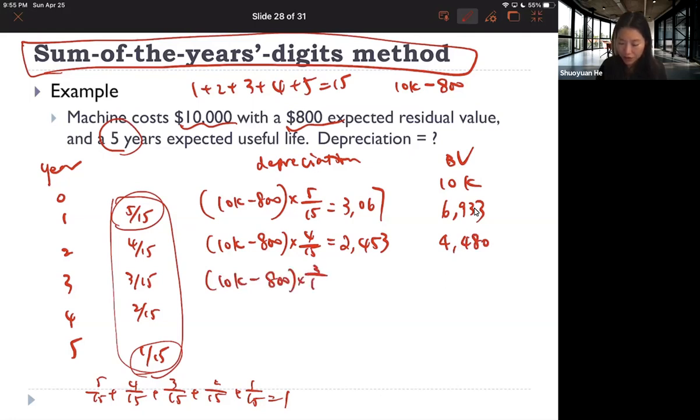we depreciate 3 over 15. The fourth year, we depreciate 2 over 15.